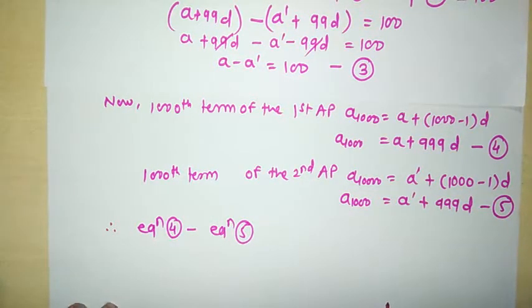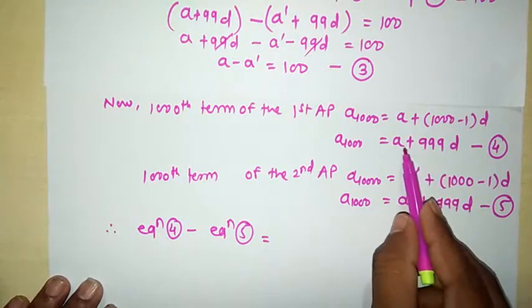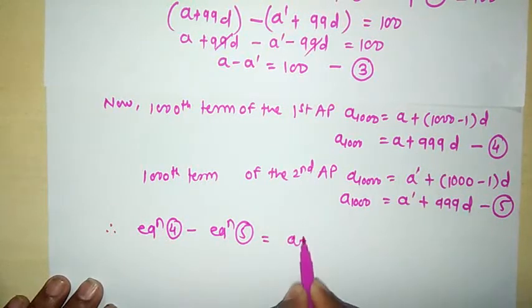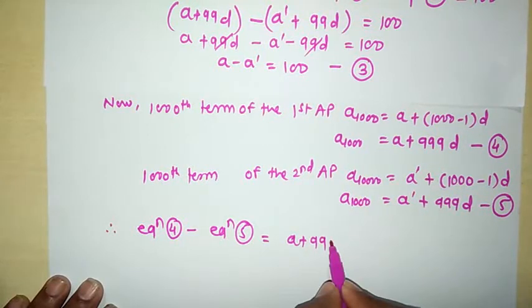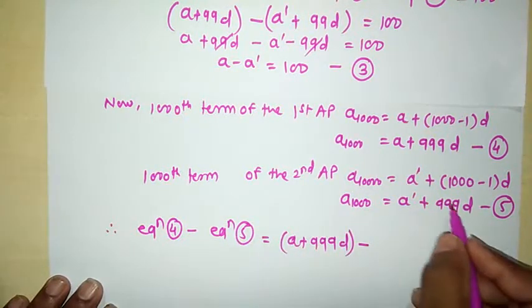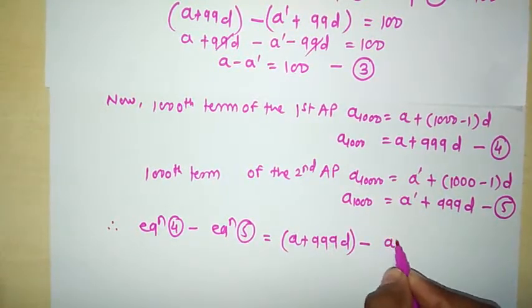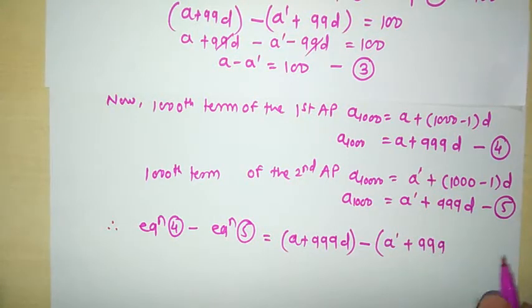What will we get? Equation 4 is a plus 999 into d, minus equation 5, which is a dash plus 999 into d.